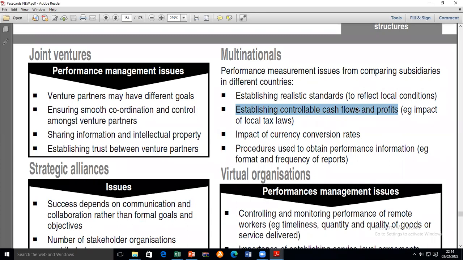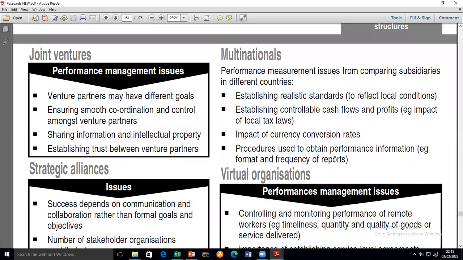Which cash flows are controllable by the subsidiary and which ones are not. How do you factor in the impact of currency conversion? This is a big issue. Some currencies are ever depreciating. And therefore, when you measure them in hard currency, you find that, well, the performance is going down. So how do you bring in the impact?